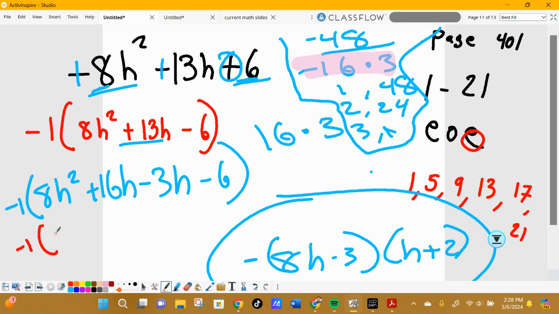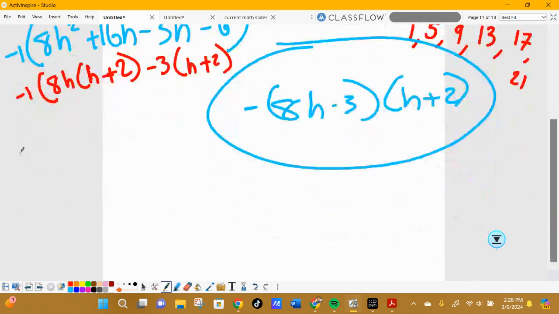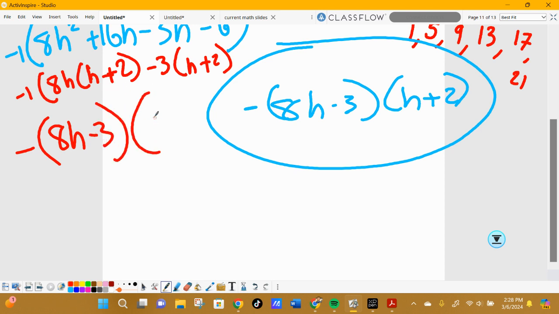I can take out an 8h from both of these, leaving h plus 2. From here I can take out a negative 3, giving h plus 2. So the final answer: negative on the outside, 8h minus 3, h plus 2.